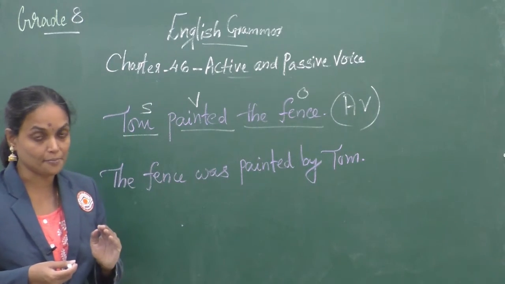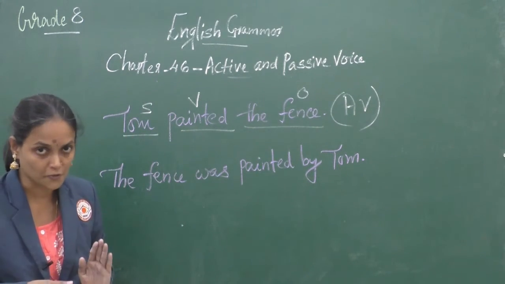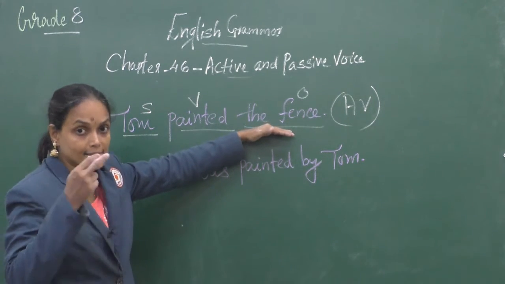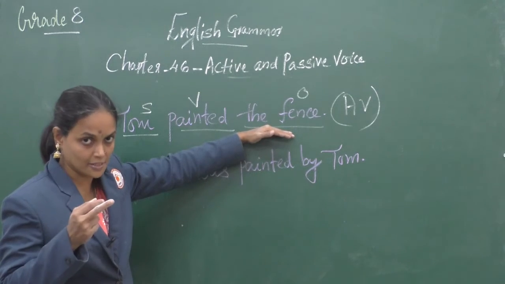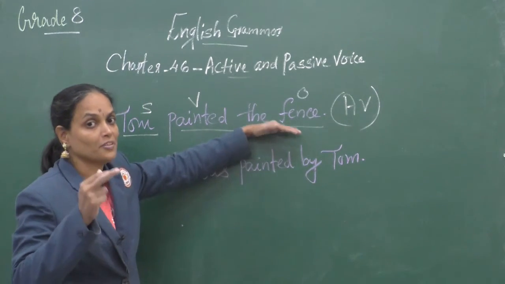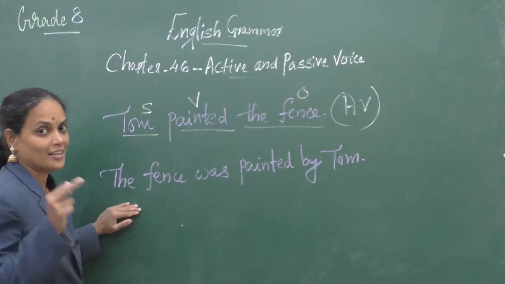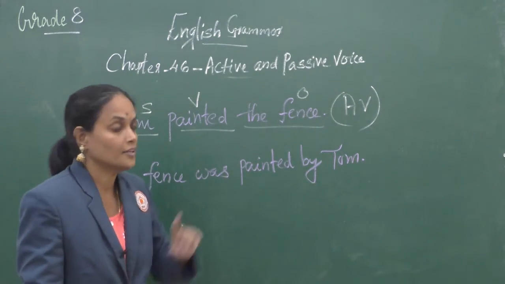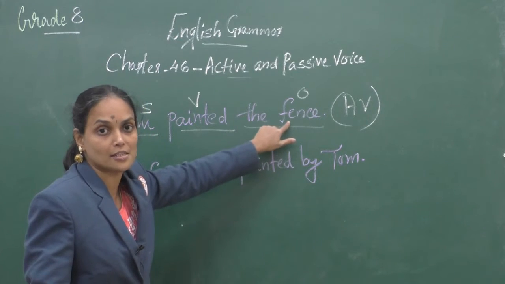How do we frame a sentence in passive voice? First, find out the object of the active voice, and start the passive voice sentence with the object of the active voice. The passive voice sentence usually starts with the object of the active voice.